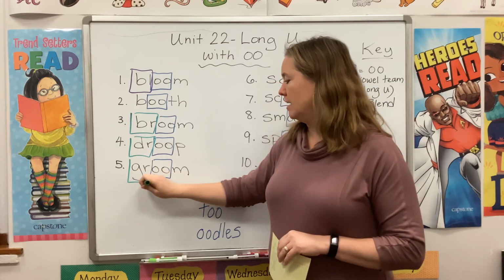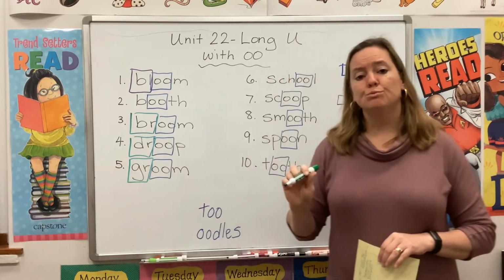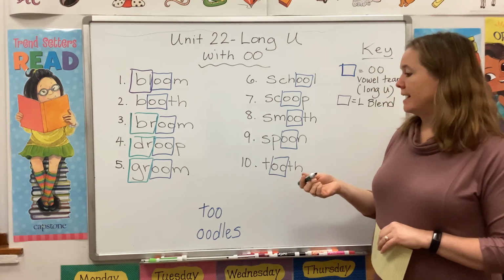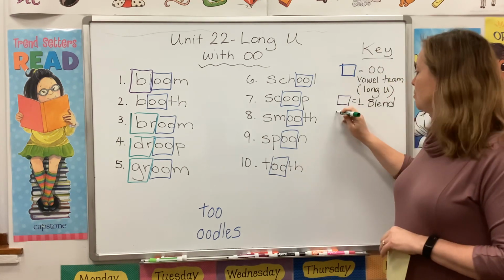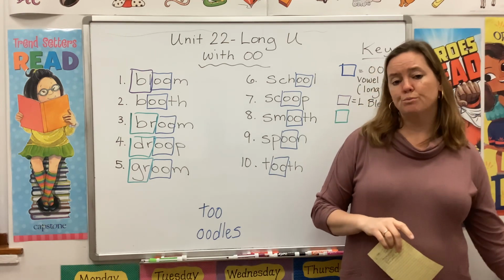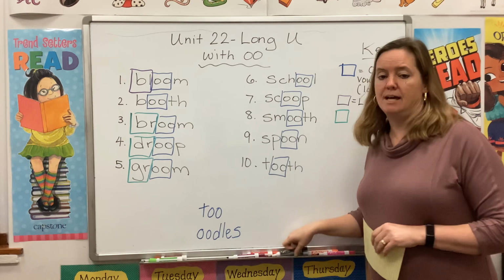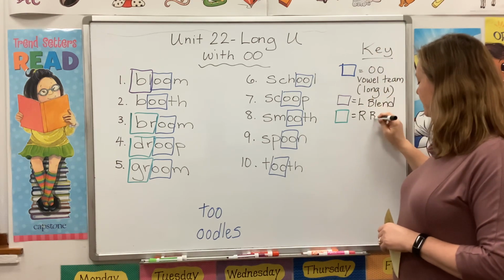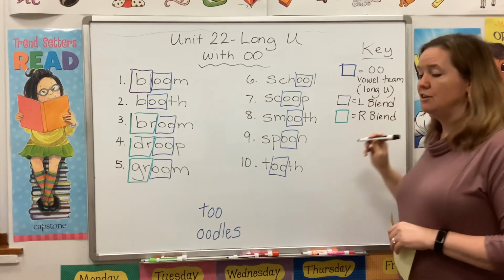And GR makes a gr sound in groom. Okay, I think that's all we have. Of course, there are other R blends like TR, which says tr, and PR, which says pr. So over here, anything in green is an R blend.